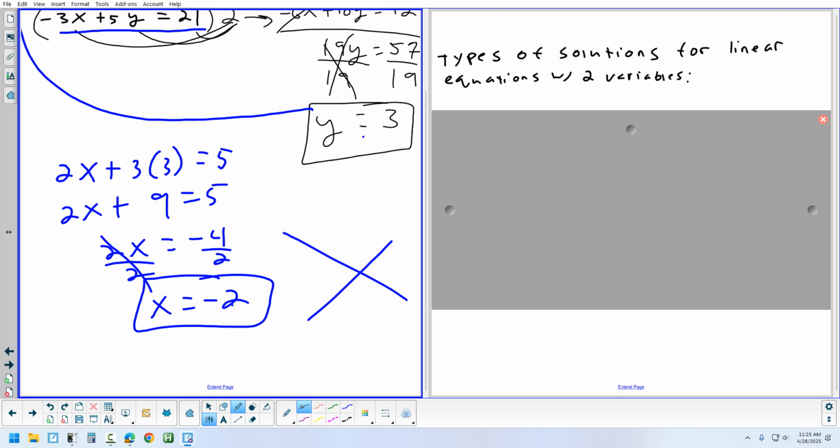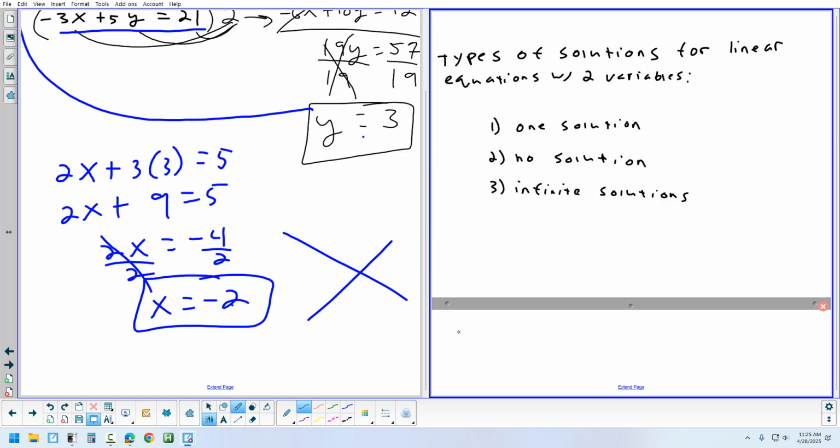There's one more thing that can happen. The lines could be on top of each other, so they are real numbers. Right. So we can get one solution, no solution, or infinite solutions. Okay, one solution looks like that. No solution looks like that. And infinite solutions looks like that.